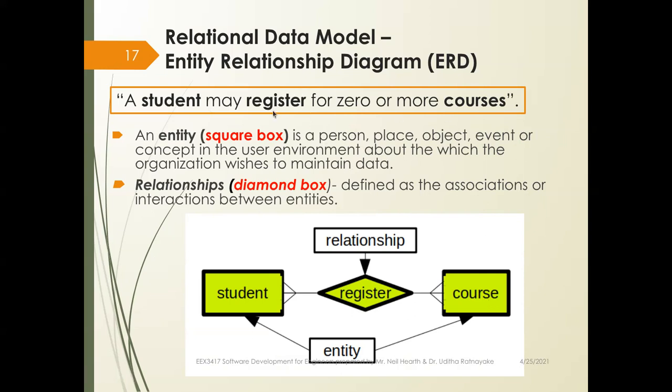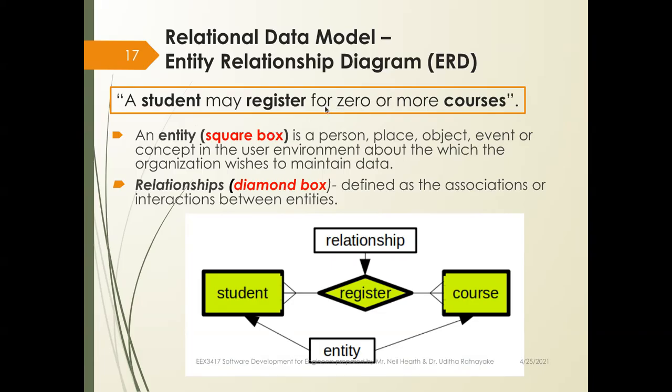Now action, here the verb register. What are they doing with this data? Here you can see this action or verb as relationship. Student may register for 0 or more courses. 0 means sometimes they don't need to register for courses. Student may register as a studentship.